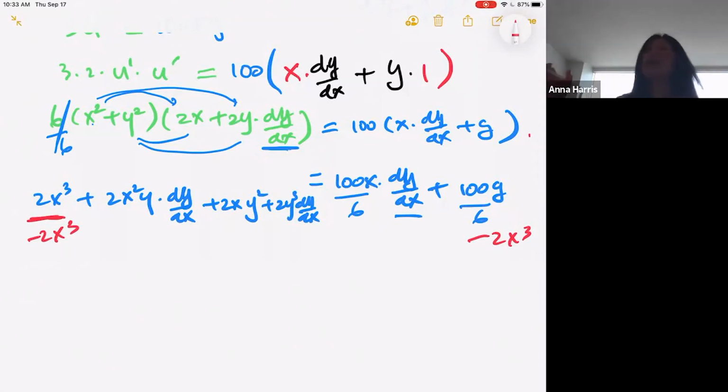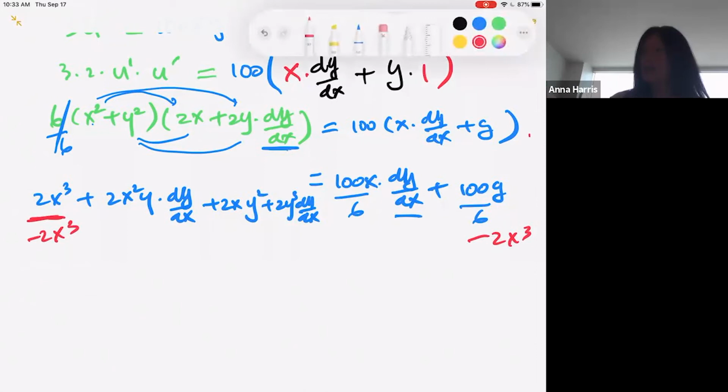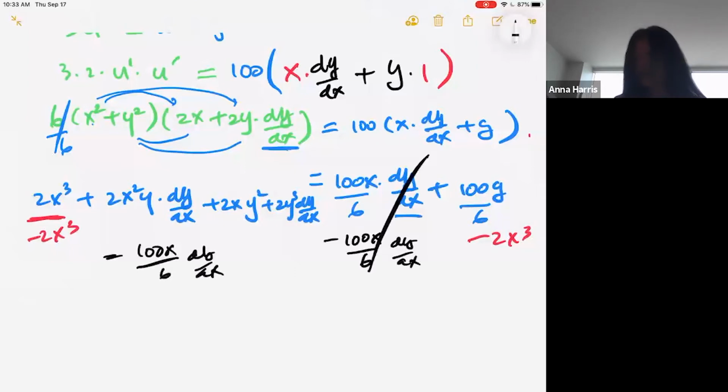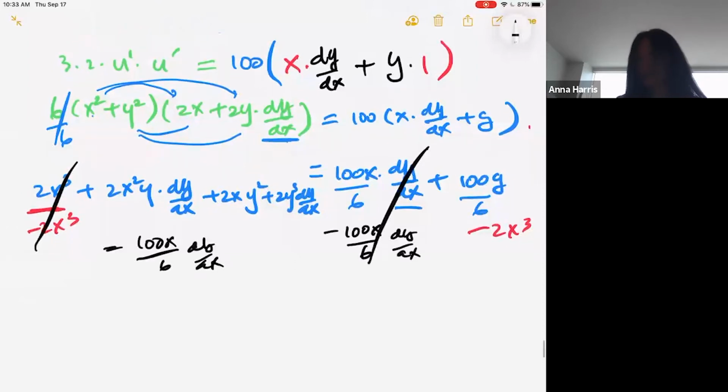The right hand side, anything with a dy dx, then you just go to the left hand side. So I'm going to subtract 100x over 6 dy dx. Okay, so that cancels out, that cancels out.